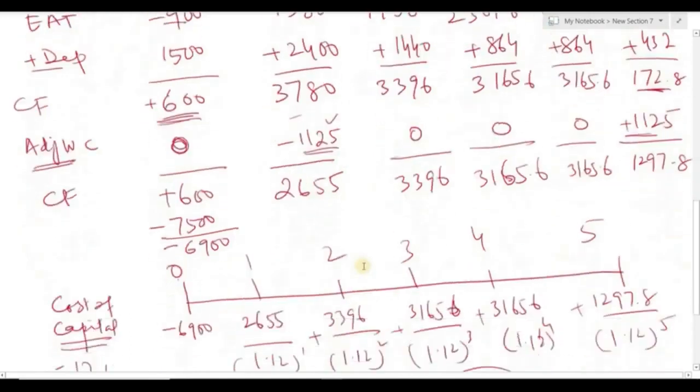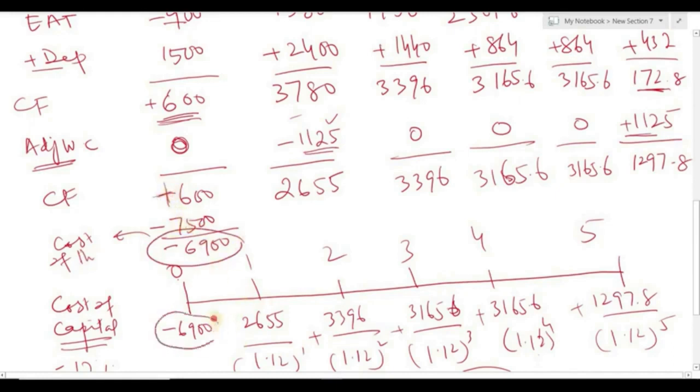So what are the cash flows? This is the cost of the equipment, so the net cost will be negative 6900, because 600 is the inflow because of that depreciation expense benefit, and now it will be negative 600.